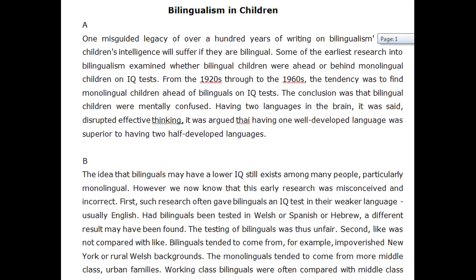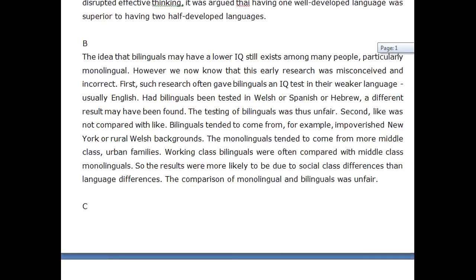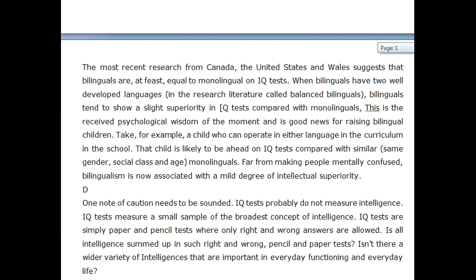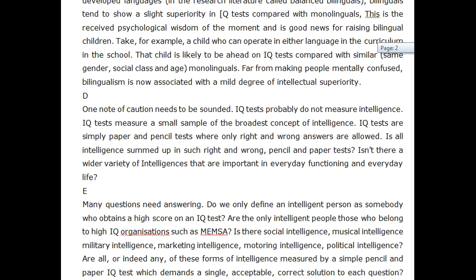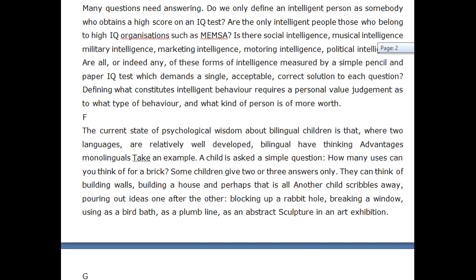So it is bilingualism in children, one misguided legacy of over 100 years of writing on bilingualism. The idea that bilinguals may have lower IQ skills. The most recent research from Canada, one note of caution needs to be sounded.